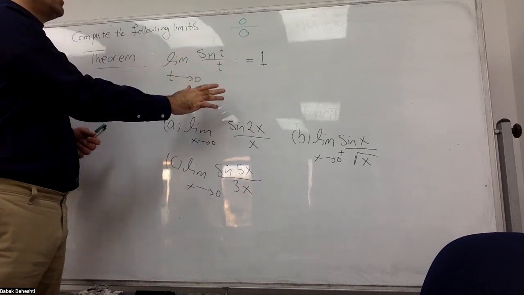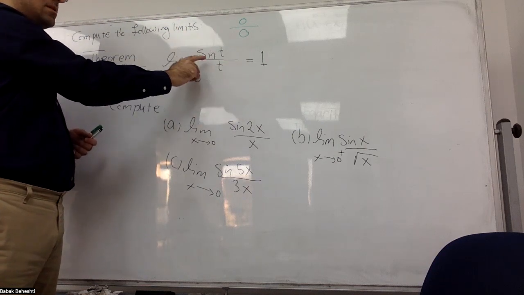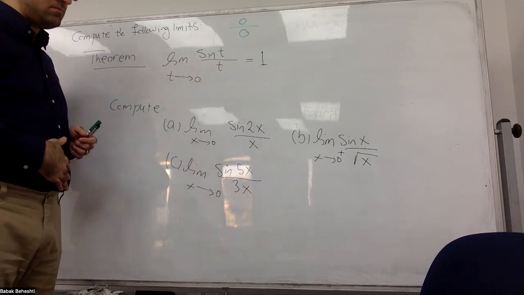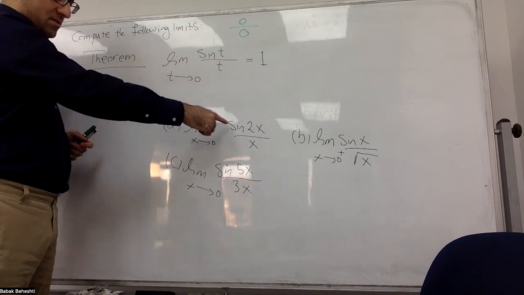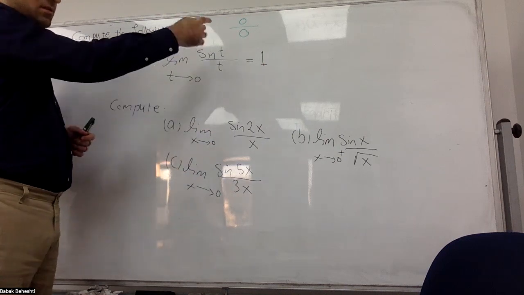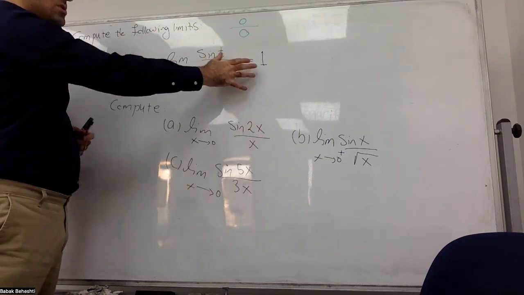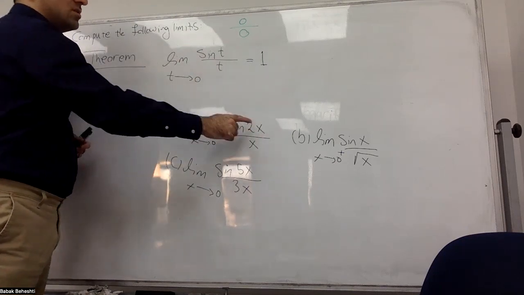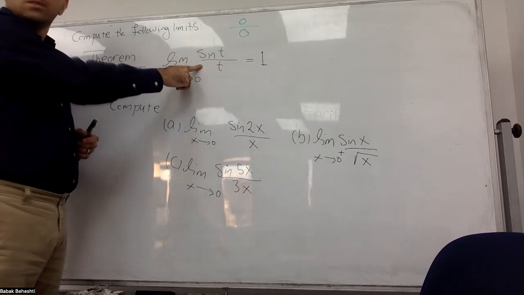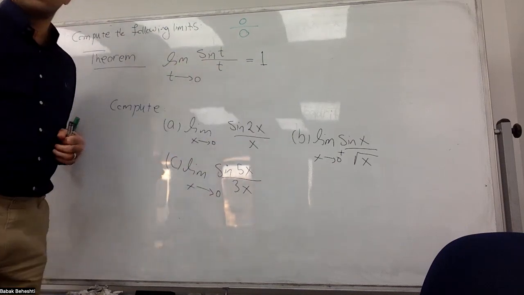But for now, we just accept this as a fact. All of these problems A, B, C are 0 over 0, similar to this. So here you have to relate each of them to this equation, and make use of it to compute each of these limits. Let's do it.